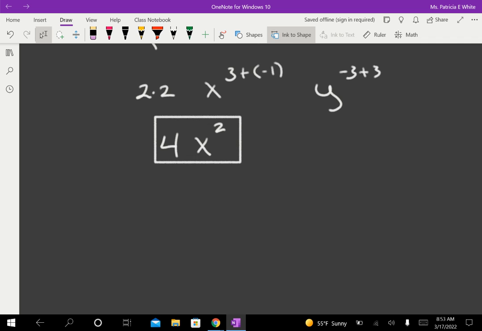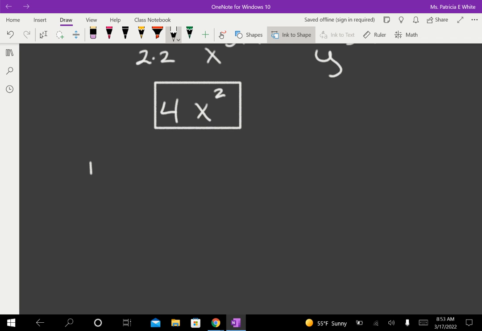I'm going to go to problem 10. I have x squared, x to the 2nd power, y to the negative 4. I have x to the 3rd power, y squared.